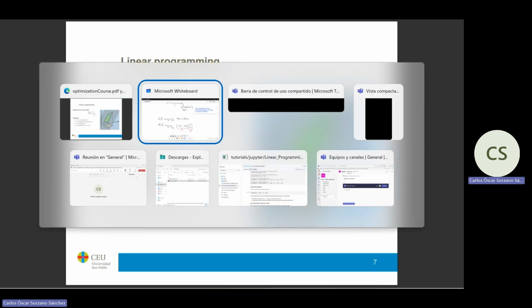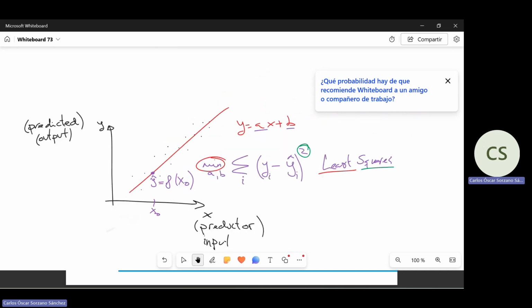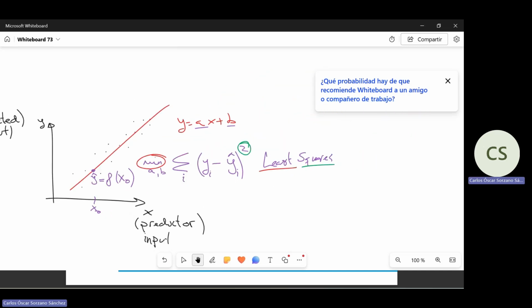For instance, this line here, if you consider the input and the output, I can write that equation in this way. So I can say a, minus 1, times x, y, plus b is equal to 0.